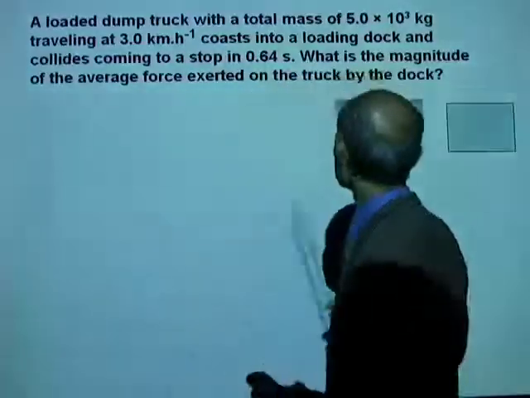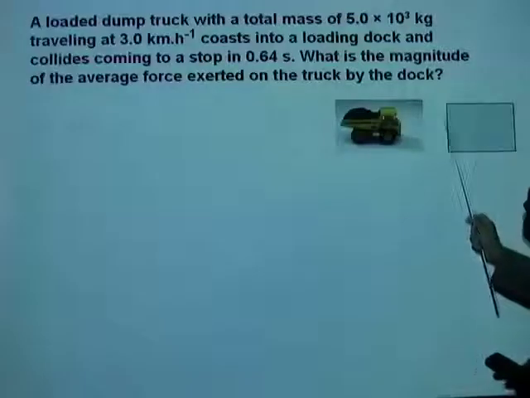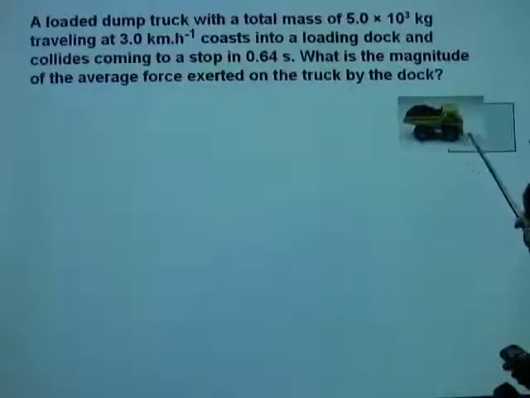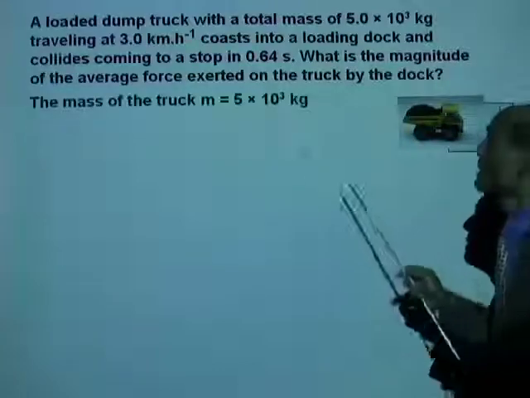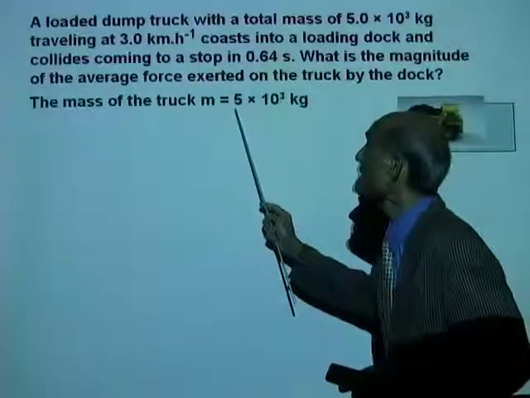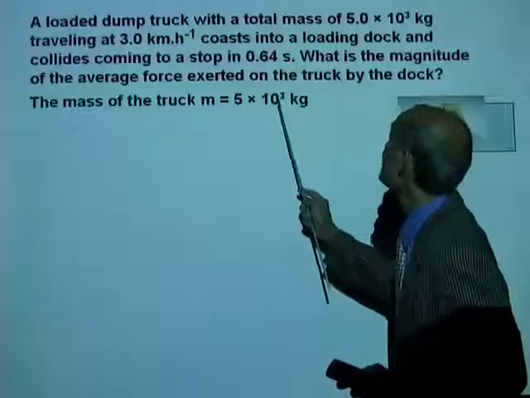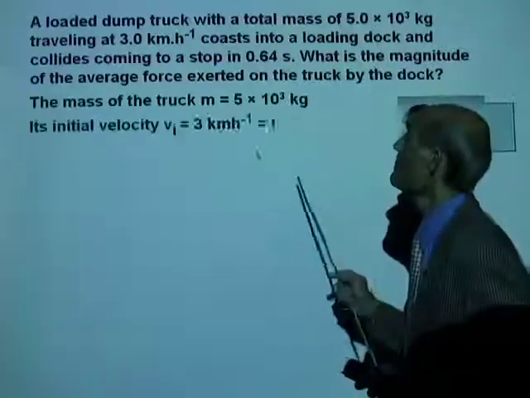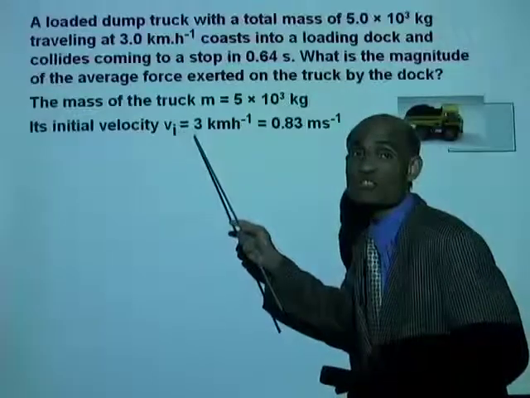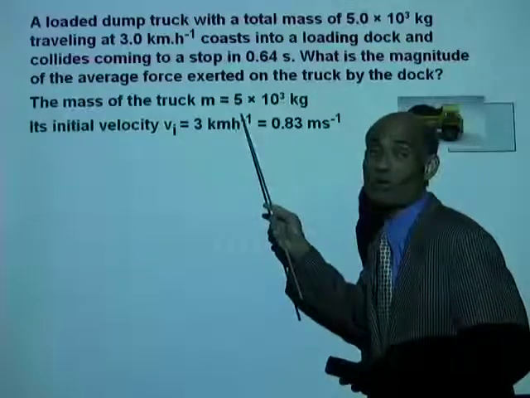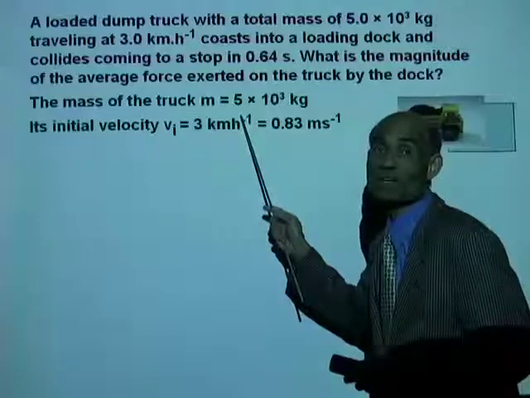Alright, let's do that. Here we got the dock and this is the truck hitting and coming to a stop. The mass of the truck is 5 times 10 to the power of 3 kilogram. Its initial velocity Vi is 3 kilometer per hour. Convert that to meter per second.